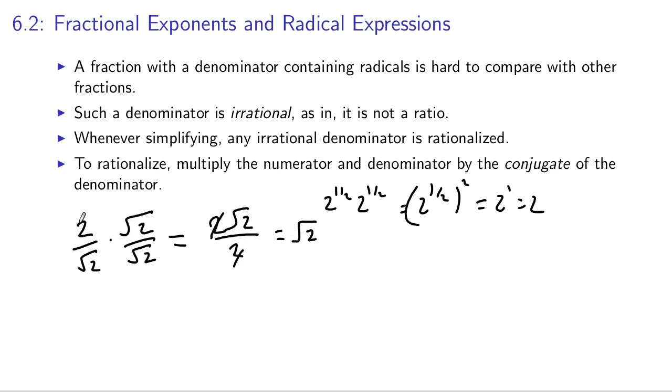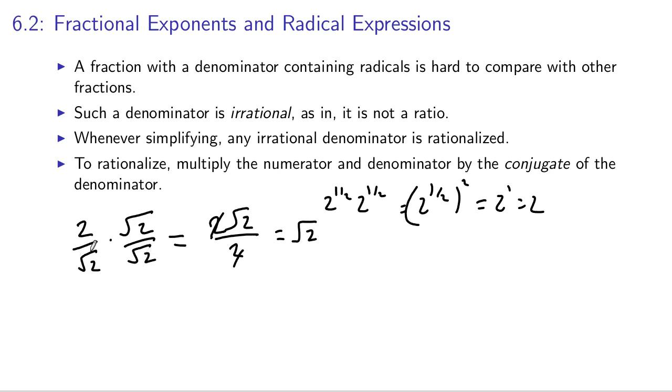So writing 2 over the square root of 2 is a lot harder to compare with other numbers versus just writing the square root of 2. So we always want to rationalize our fractions. Okay. Now we call it irrational because we can't make a ratio in the denominator. It's not a ratio of any whole numbers or any numbers of any sort.